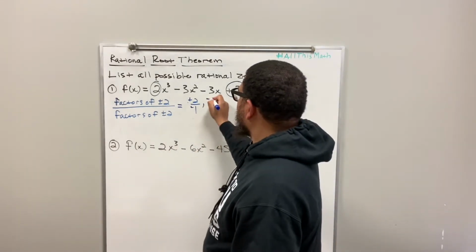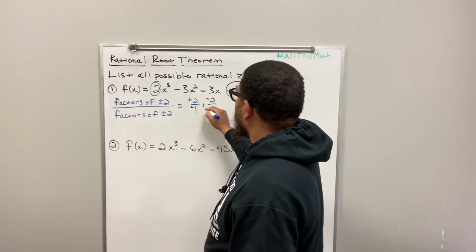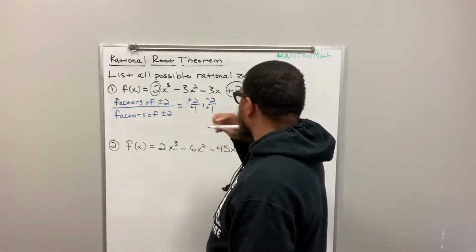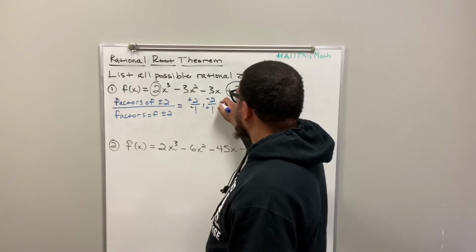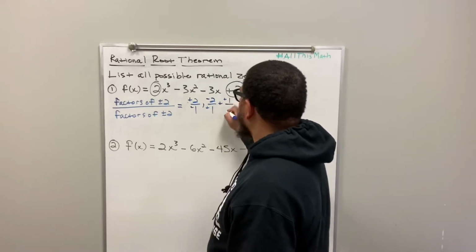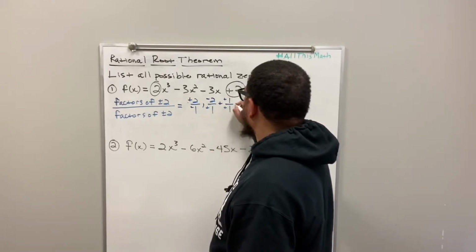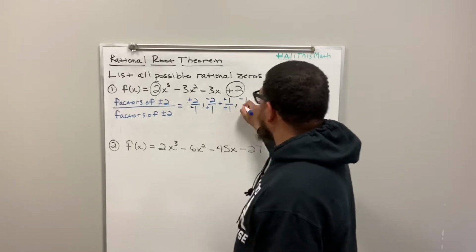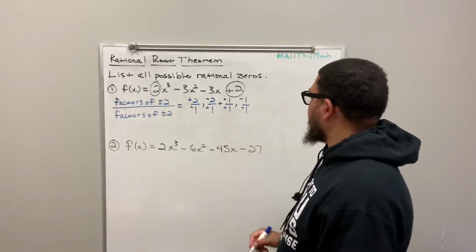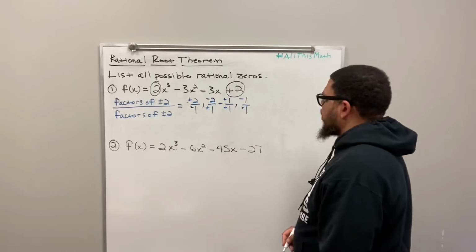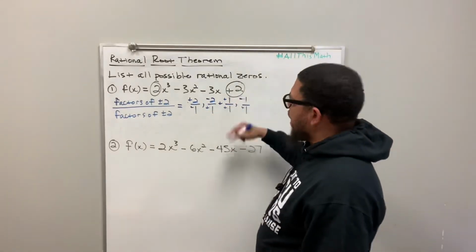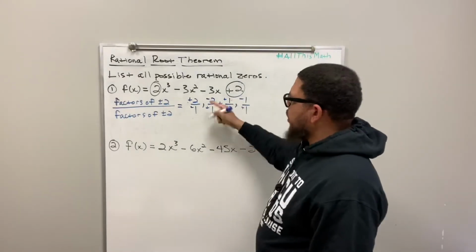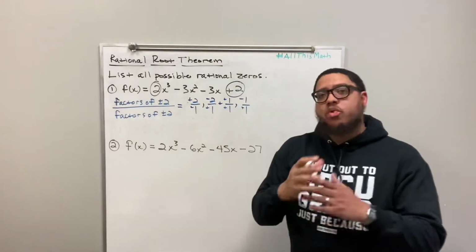And then I could do negative 2 over positive 1, and then positive 1 over positive 1, and negative 1 over positive 1. And then I could do positive 2 over positive 2, but I don't need to do that because that simplifies to 1.